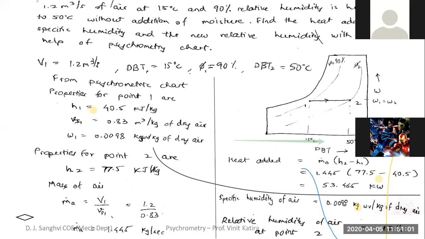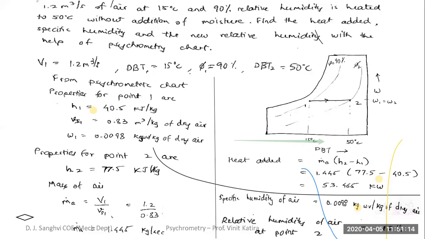Next is a numerical that we had solved using the psychrometric chart. In this case, there was sensible heating taking place. Volume flow rate is given as 1.2 meter cube per second.